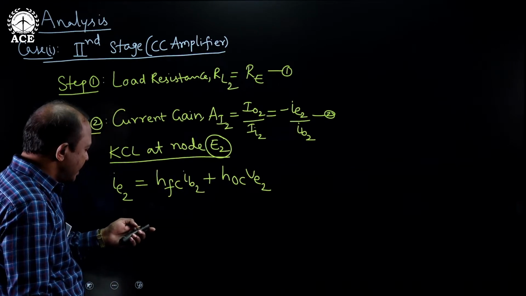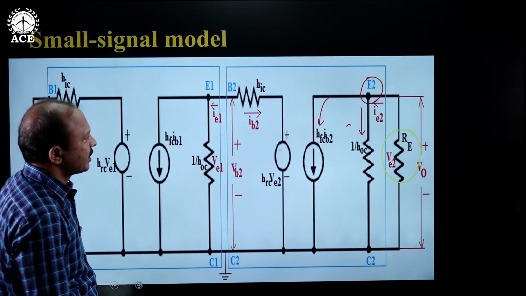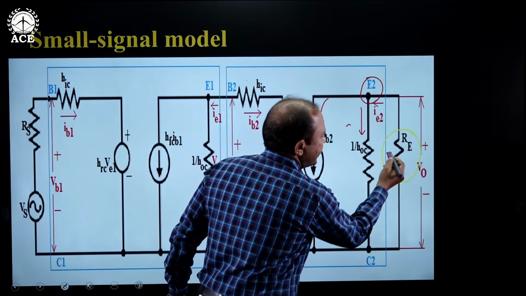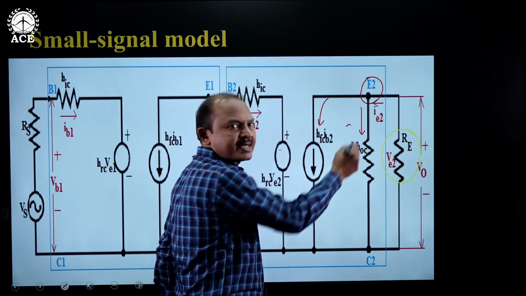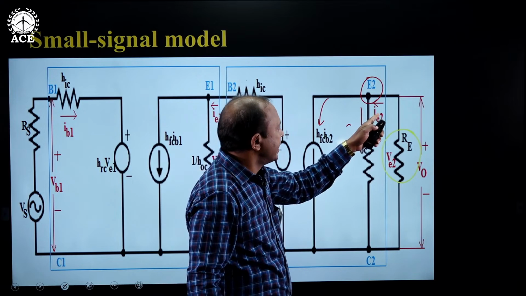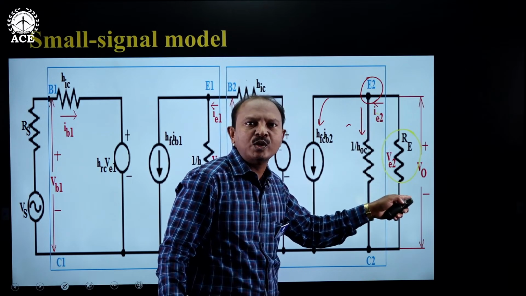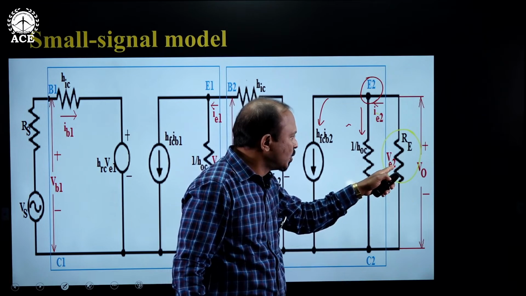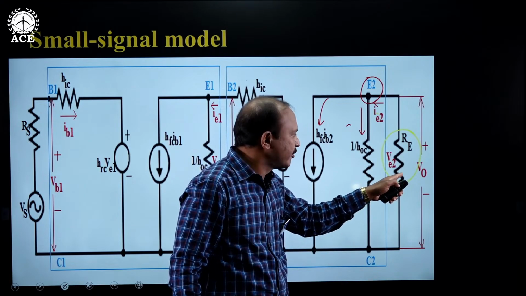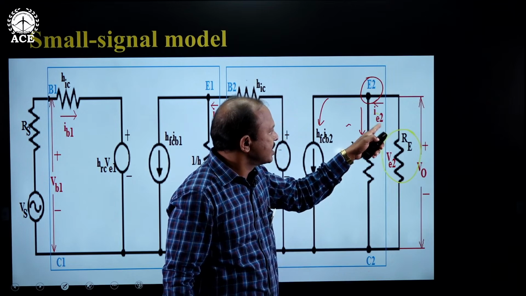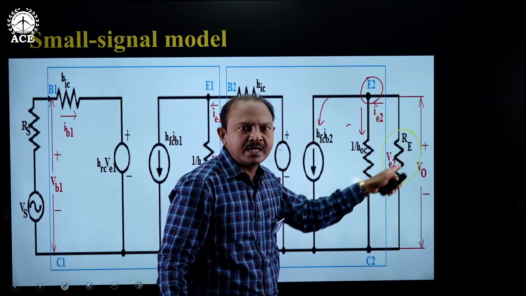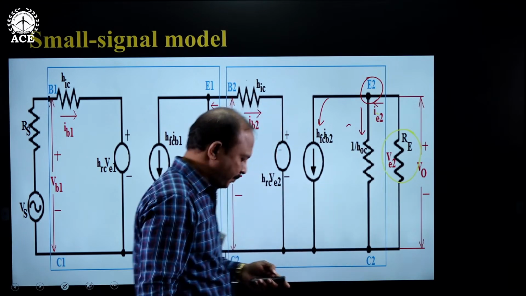Now again look at the previous slide. We know VE2 is nothing but the voltage across the load. That means it can be given as minus IE2 into RE, or minus IE2 into RL2. VE2, from the output section of the circuit, if you carefully observe, can be written as minus IE2 into this load resistance RL2.